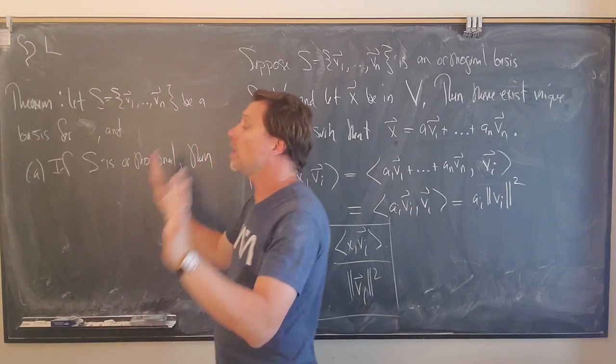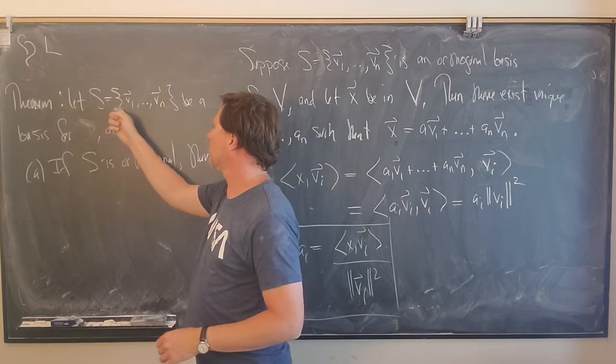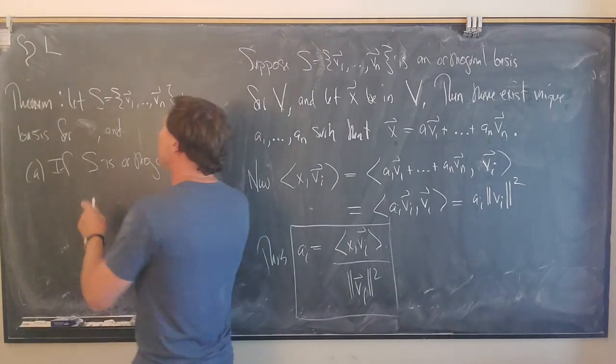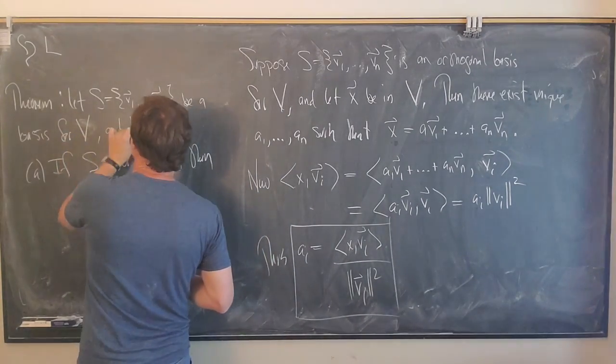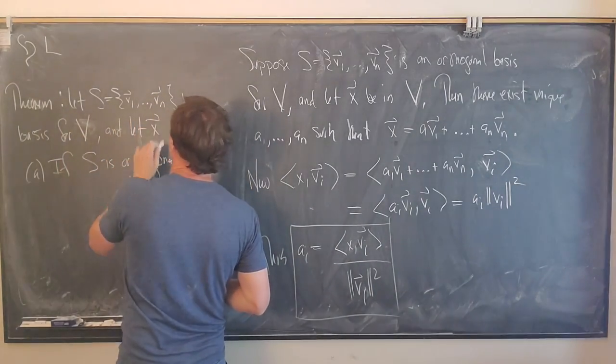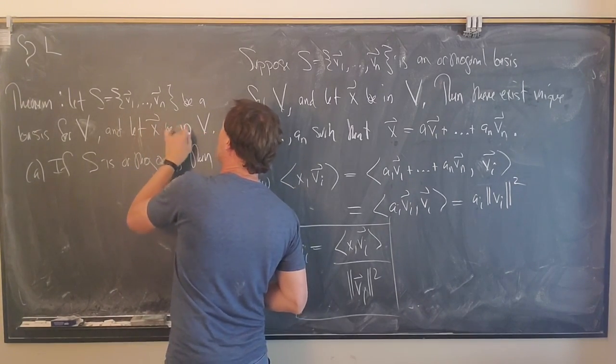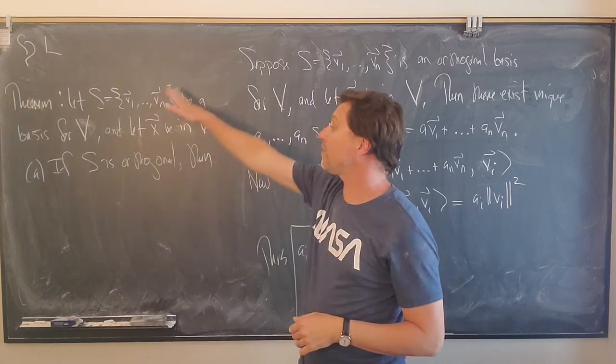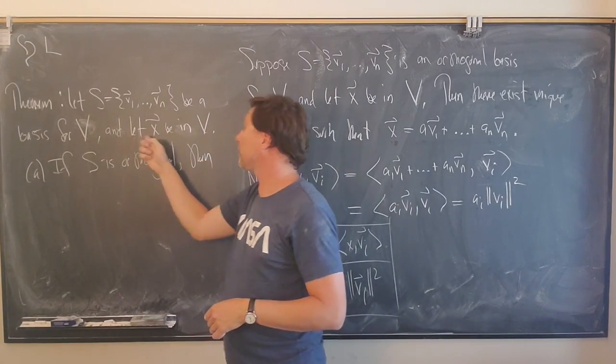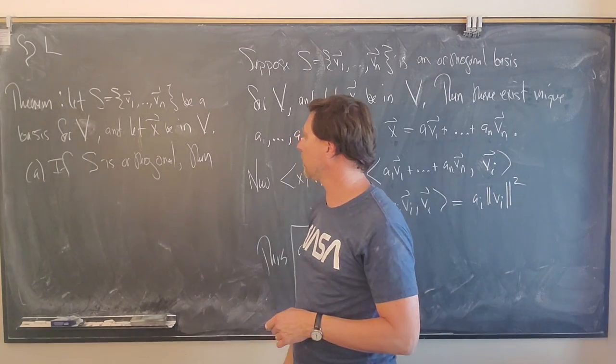Let me start over. The theorem says let S equal to this set be a basis for V, and let X be in V. So we have a basis for our inner product space, and we've chosen some vector X in V.